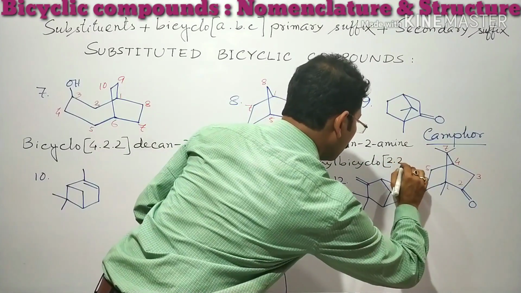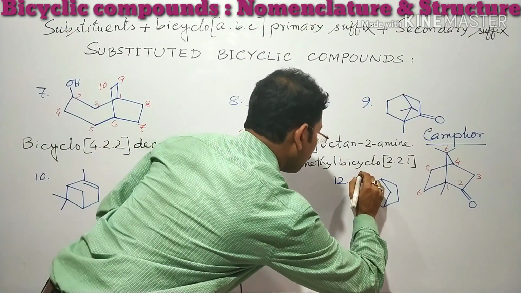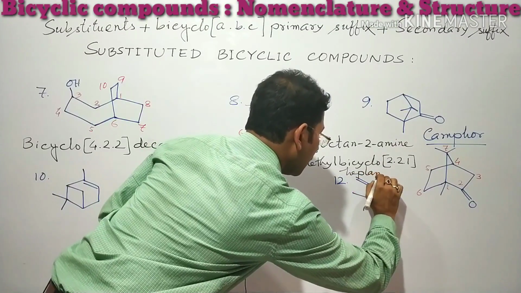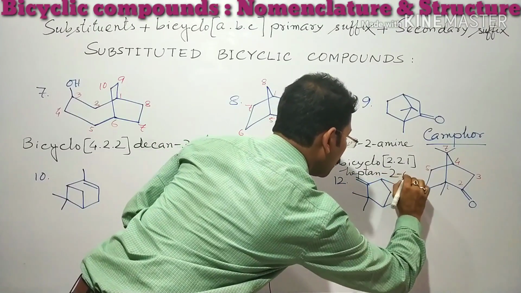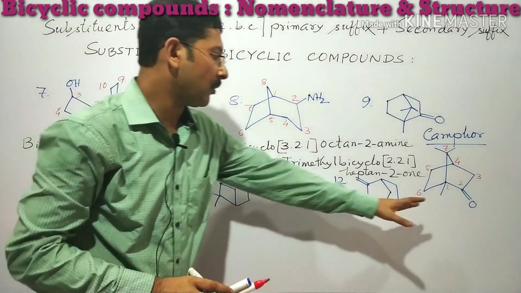So 2, 2, 1, 7 carbons are there. So heptane 2 one. This is the IUPAC name of the compound camphor.